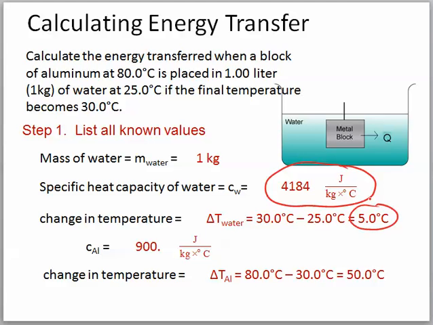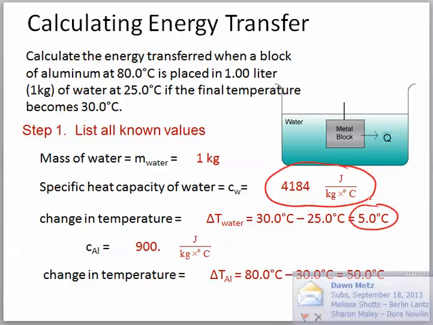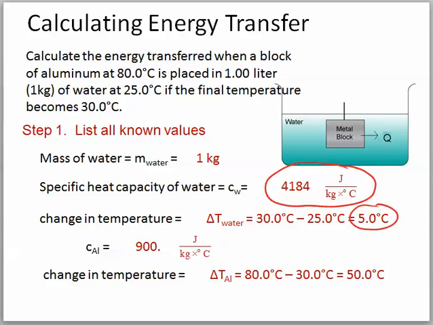And then the next part here is the change in temperature of the aluminum, which is going to be from 80 degrees Celsius to 30. Now, equations we have. All right. In both cases, we're going to say that the energy that the one absorbs is equal to the energy that the other one takes in.